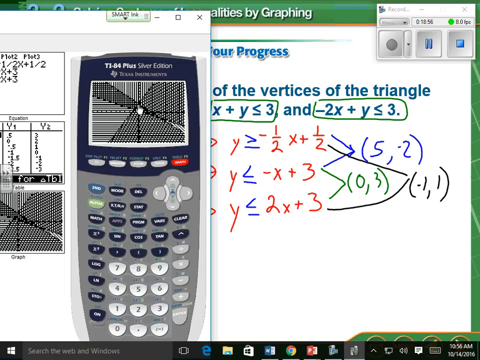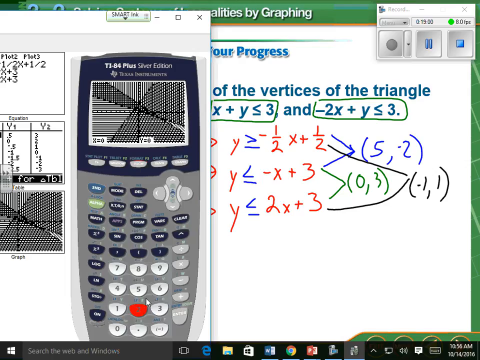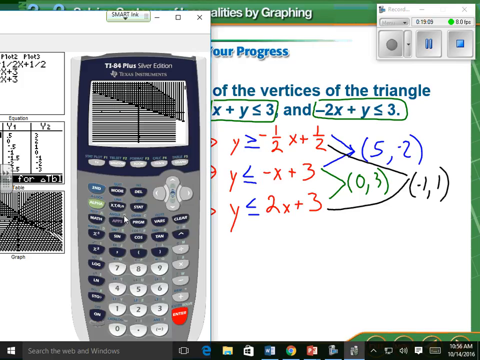So this area right in here, so we can zoom in. This triangle area, now I've gone out a little bit too far, shows us the triangle shape.